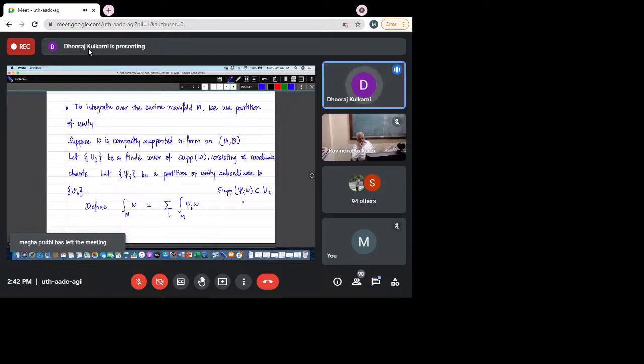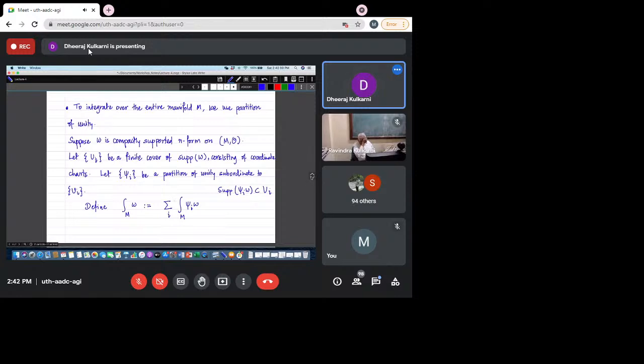Now once this happens, you are in the previous case, and therefore the integral of psi I times omega makes sense. You integrate this omega on this U_i using the definition that we did, take the summation over i, and you define that the resultant sum is the integral of omega on M.